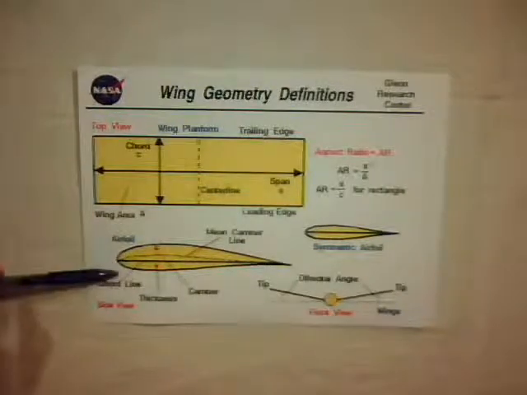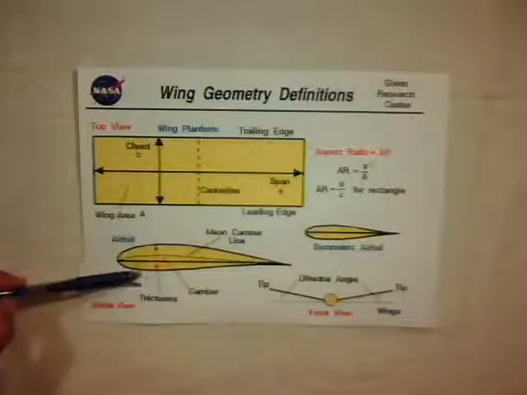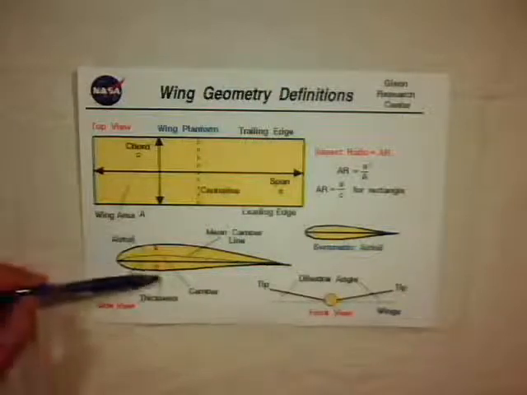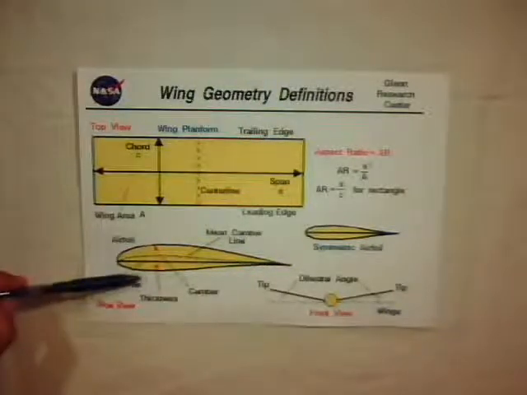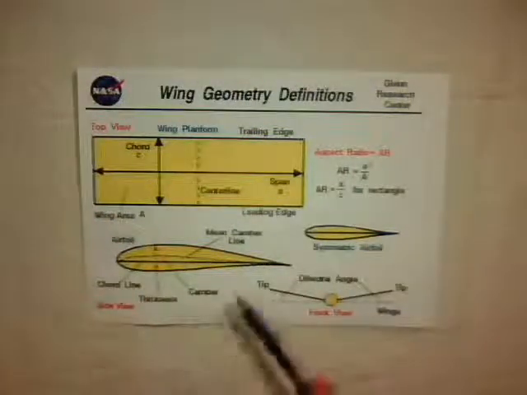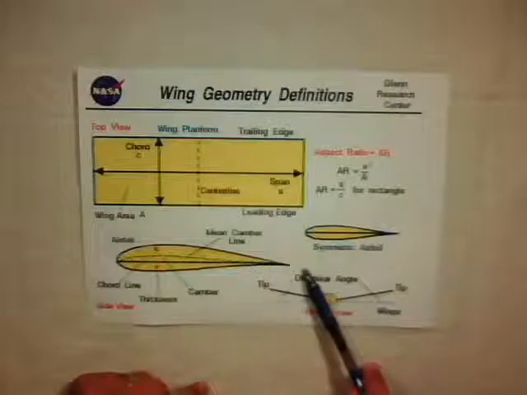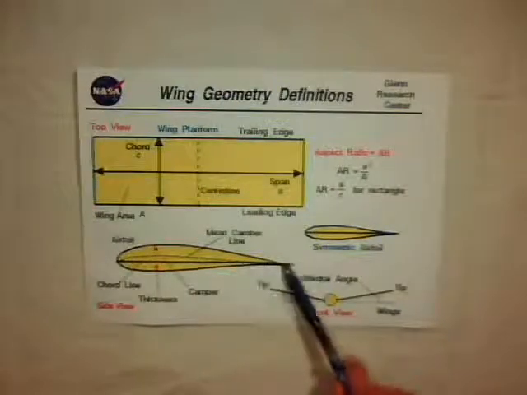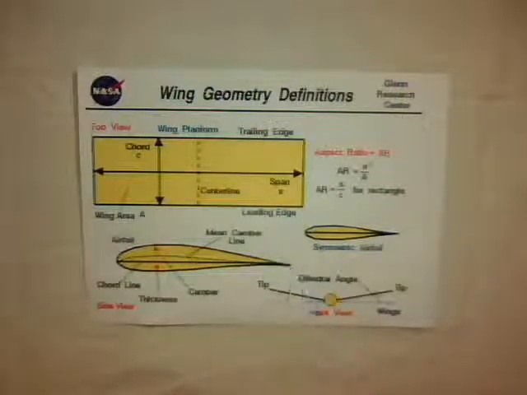The very front of your wing, the part of your wing that breaks the wind first as it flies, is called the leading edge, because it leads the wing into the wind. And the other section, right at the back here, is called the trailing edge. And you would normally find that your control surfaces are situated on the trailing edge of your wing.